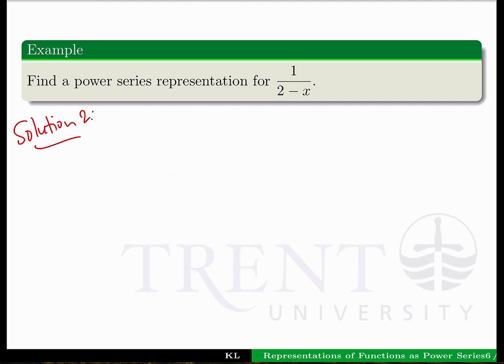Now, instead of factoring 2 in the denominator, we can actually rewrite 1 over 2 minus x as 1 over 1 plus 1 minus x. We can even rewrite this as 1 over 1 minus quantity x minus 1. Which means that instead of looking at x, we will look at x minus 1.